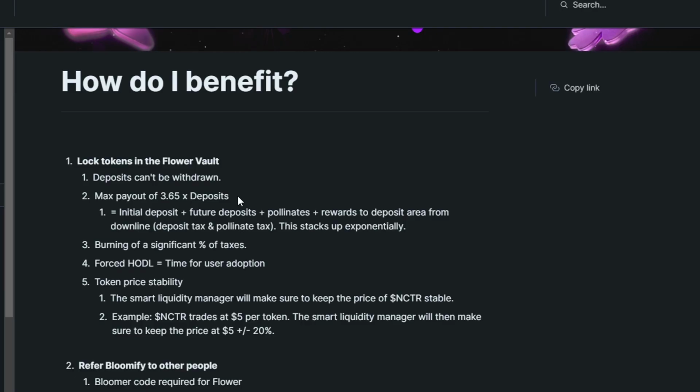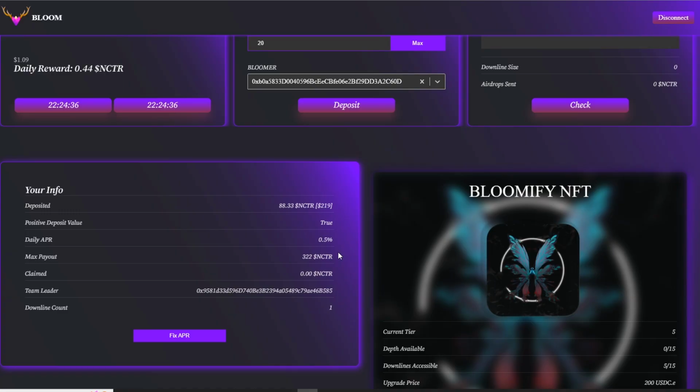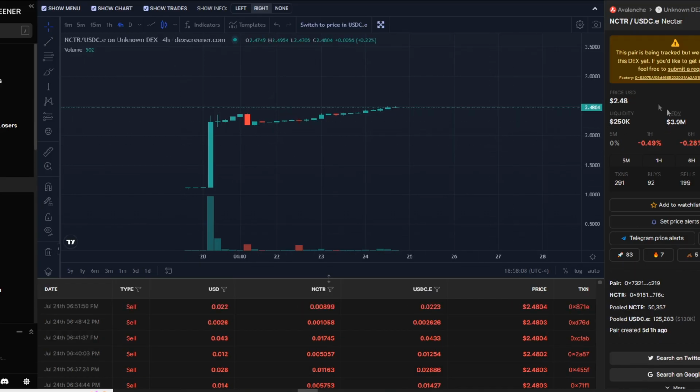And the way you can benefit is that they have a max payout of 3.65 times your deposit. So if we go back to the dApp, because I invested about $200, which was worth 88.33 Nectar, if we do that times 3.65, this gives me my max payout, which is 322 Nectar. And as we know, Nectar right now is sitting around $2.50.